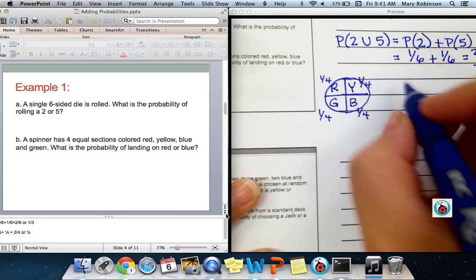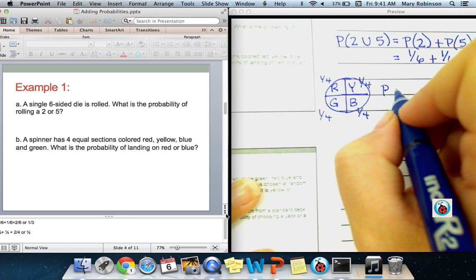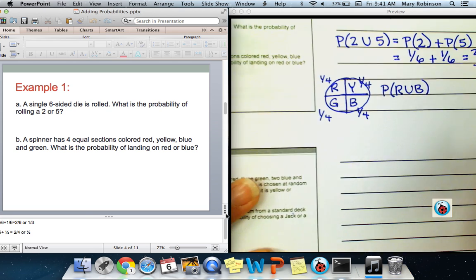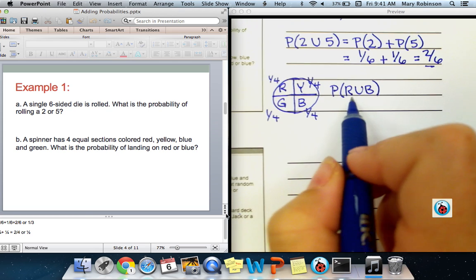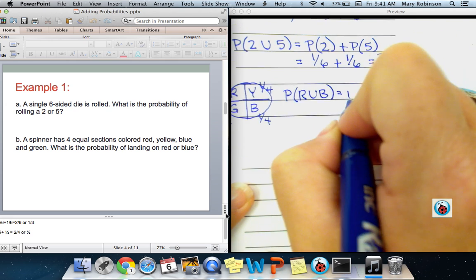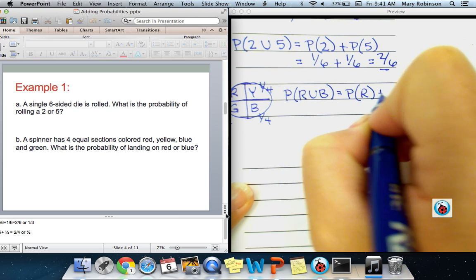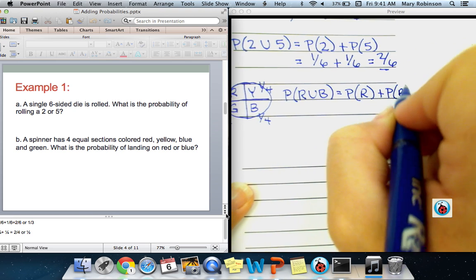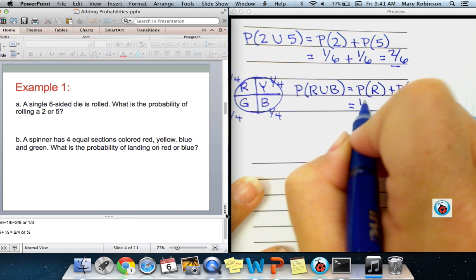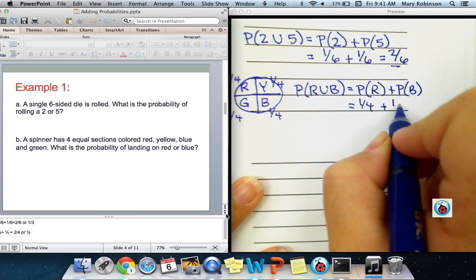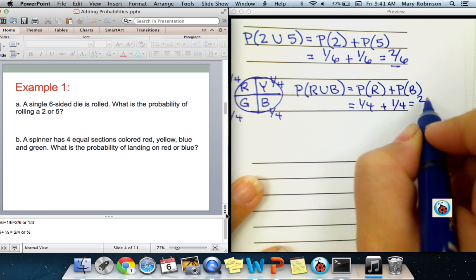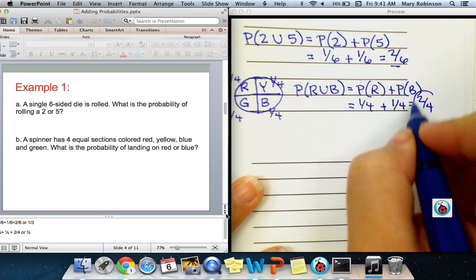Since we are asked what is the probability of landing on red or blue, so probability of red union blue, remember that that's the probability of red plus the probability of blue. Since my probability of red is 1/4 and my probability of blue is 1/4, again I add my numerators here and my probability is 2/4.